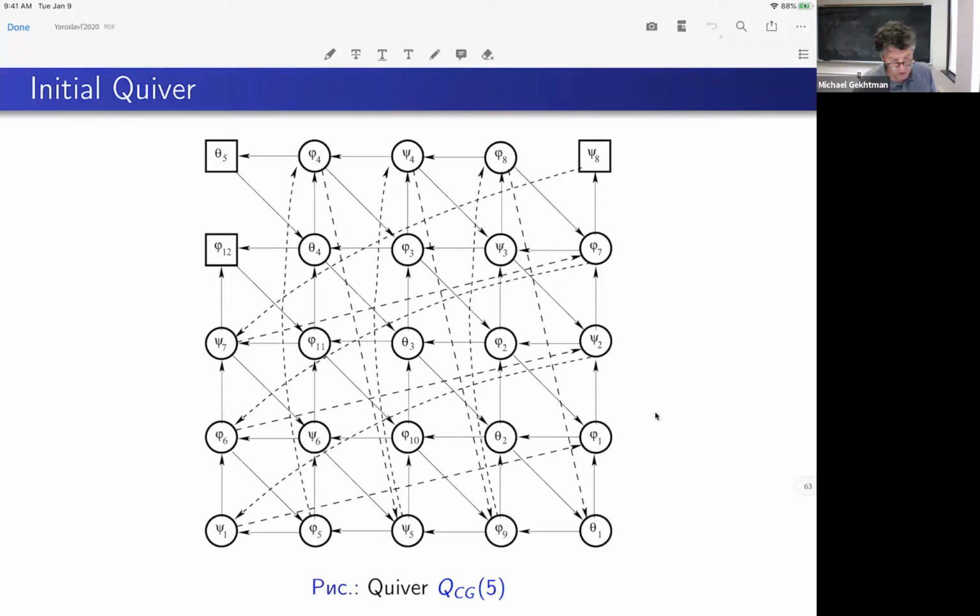But if you look at it closer, it may not be as scary as it seems at first glance, because just try to ignore all these dashed arrows. If you ignore all the dashed arrows, you will see exactly the same pictures that we've seen before for the standard case. So this is an amazingly more general statement, and it works in a more general situation.